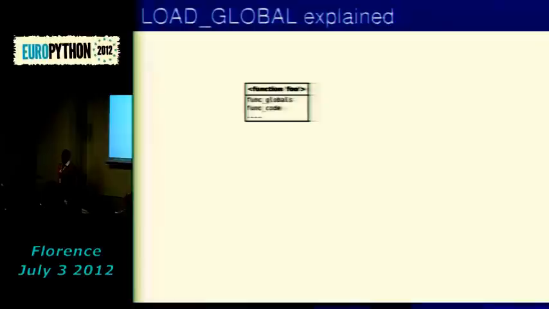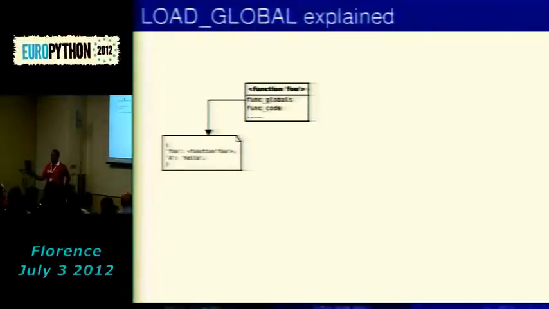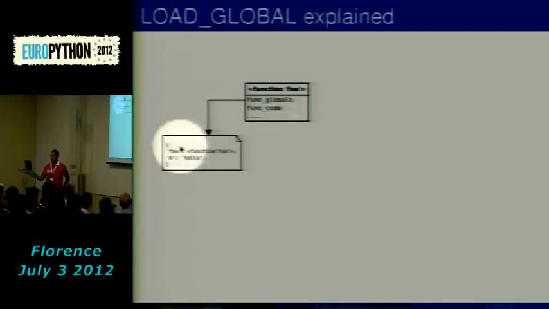It's an object which has some attributes. I show only two of these today. One is func_globals, which is a dictionary containing the global variables, which we will look up, and the other is func_code. So func_globals, as I said, is a dictionary that contains our global scope.